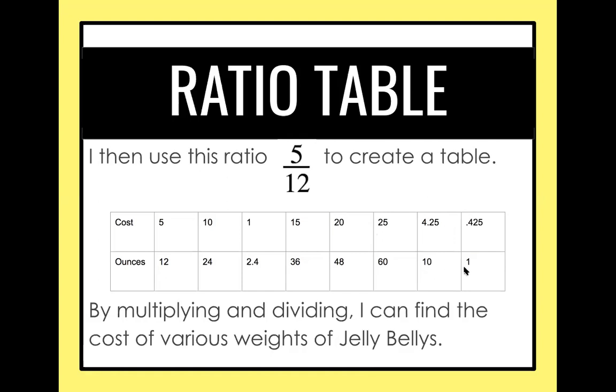And if I wanted to take my ounces of Jelly Bellies down to 1, 10 ounces divided by 10 would give me 1 ounce. And my cost, $4.25, I would divide by 10 as well, would give me 425 thousandths. So in terms of money, it would be about 42.5 cents per ounce.